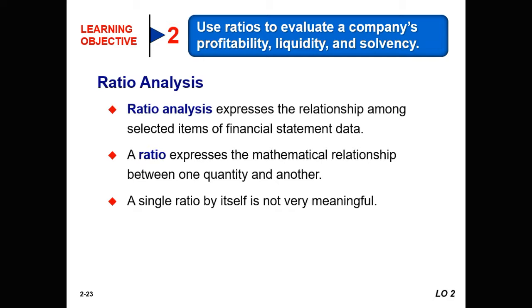One of the key ways that we take all the transactions and economic events and relate the result to something quantifiable and measurable is that we use ratio analysis. Ratio analysis is one of the ways that you can take a value and relate it mathematically to something else.